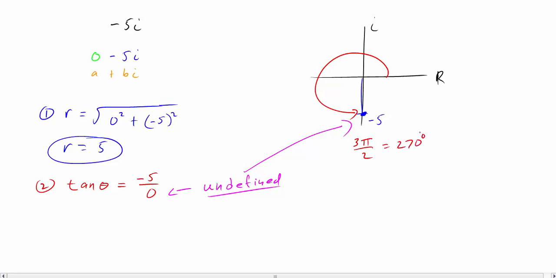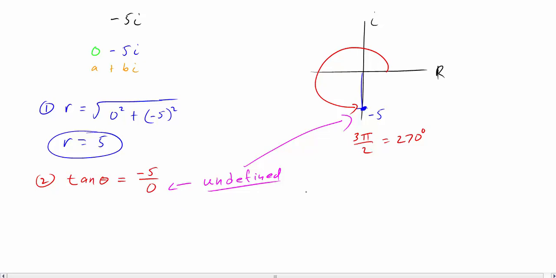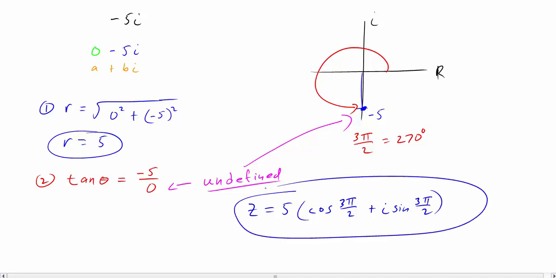Okay, so therefore we have r, we have the angle, so we can come up with our trig form by simply saying z is equal to r, which is 5, and then that would be the cosine of 3 pi over 2 plus i sine 3 pi over 2. So there we have our trig form of our complex number.